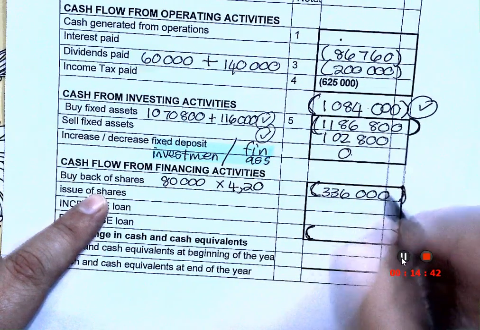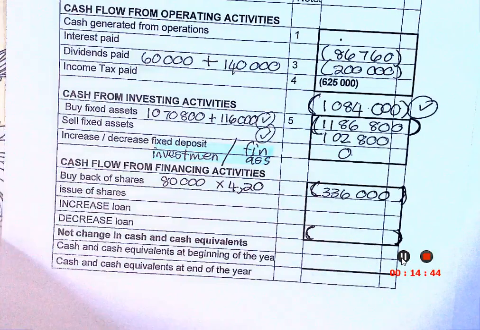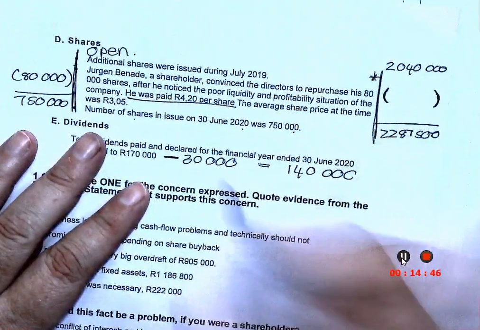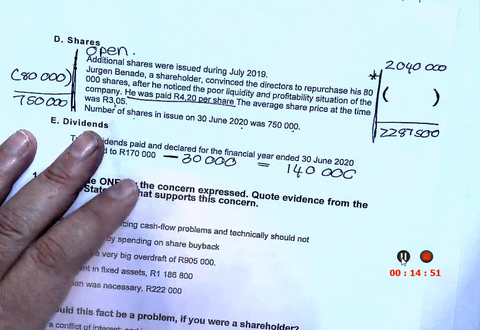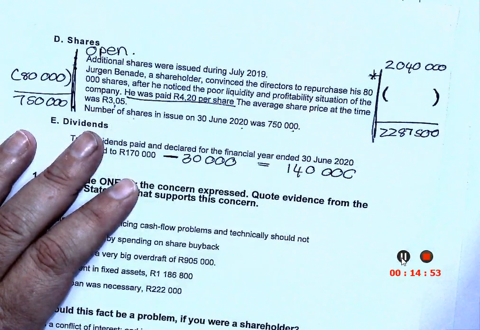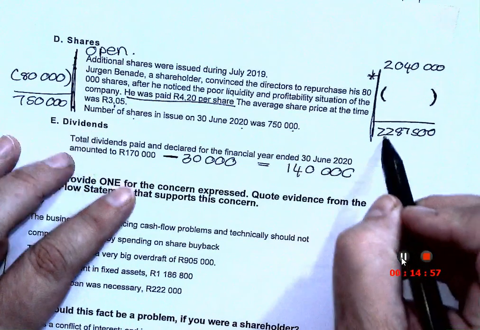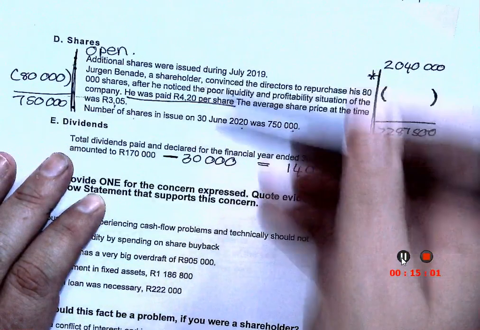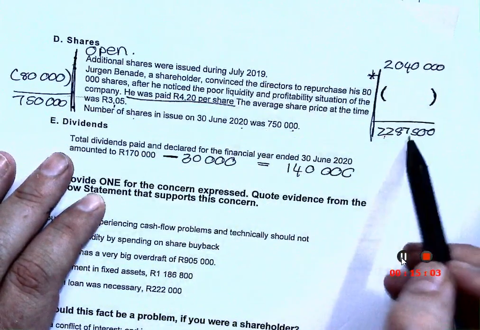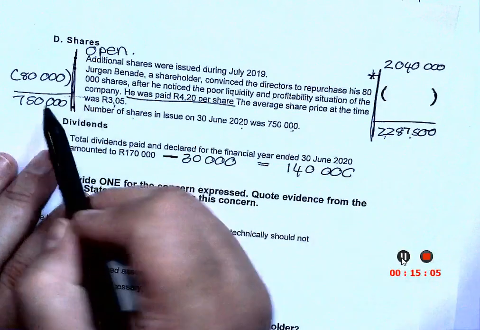Okay, now let's go on with this. So now how will I get the average price? They give it to me. If they didn't give it to me, how will I get it? Can you see there's nothing between the repurchase and the end? So I can take that 228 divided by the 750.